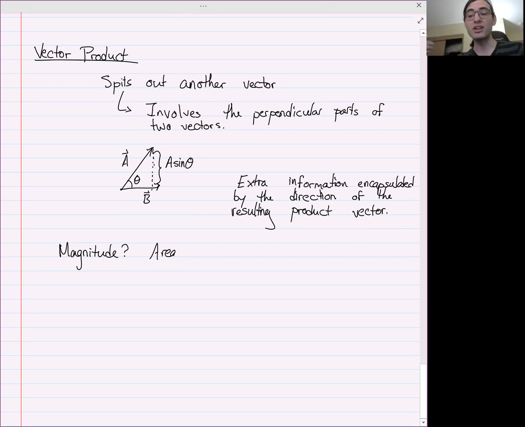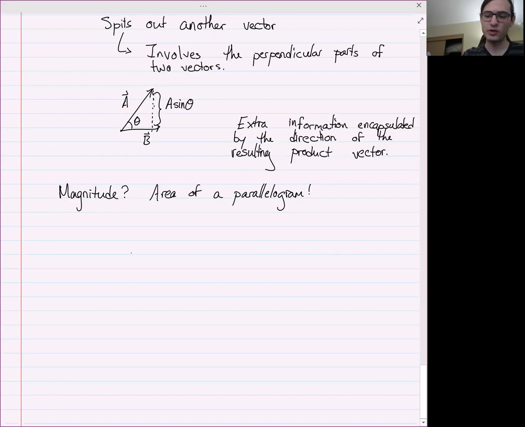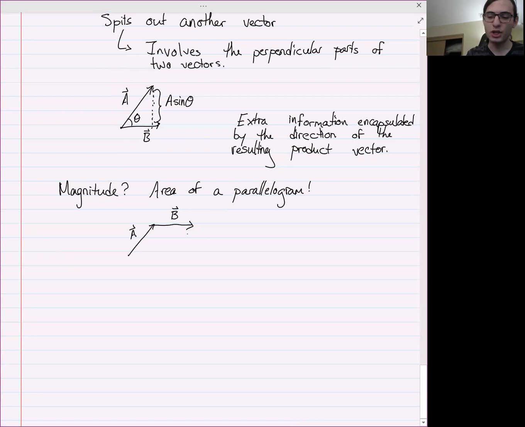So the magnitude of this product vector is the area of a parallelogram, which is surprising, perhaps. If you take a vector A, and then you add to it the vector B, this would give you a vector A plus B. But you could also do another thing.